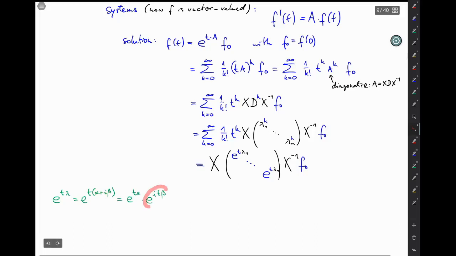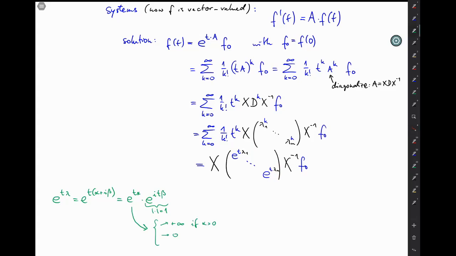And note that this here is just a point on the unit circle. So the whole question whether your population grows or is dying out depends on the real parts, little alpha, of your eigenvalues, lambda 1 up to lambda n. So you get unbounded growth if alpha is positive. You go down to 0 if alpha is negative. And this term here remains constantly at 1 if alpha is 0.